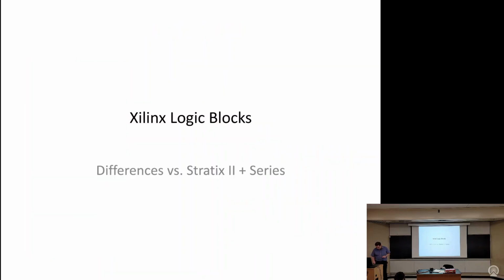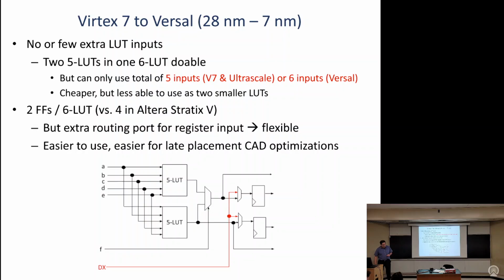Okay, so we talk a little bit about Xilinx and how they're the same or different than Stratix 2. So I already showed you one of Xilinx's fracturable LUTs. Their original fracturable LUT that they used for many generations was basically as cheap as they could make it. And it's shown here. So 2 5-LUTs, they share all their inputs.